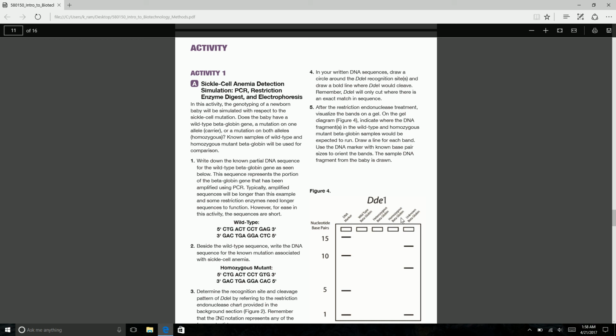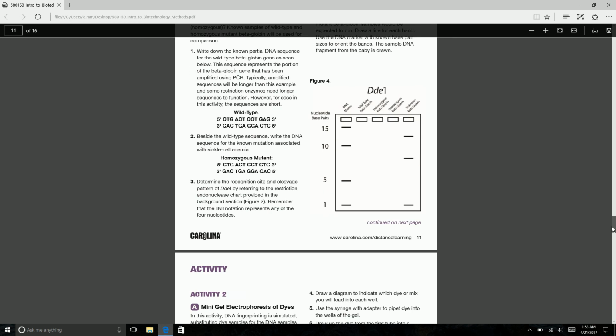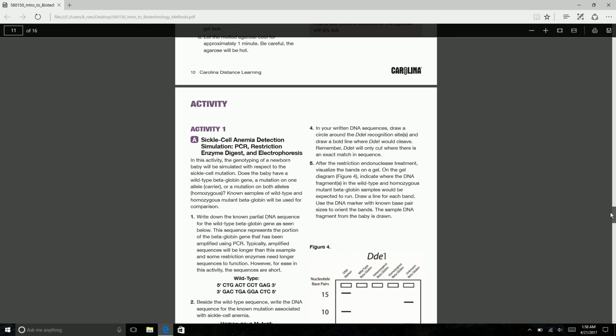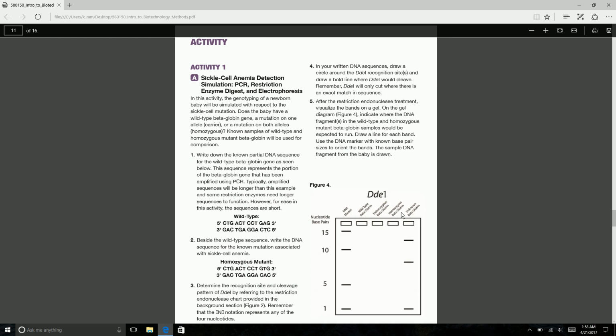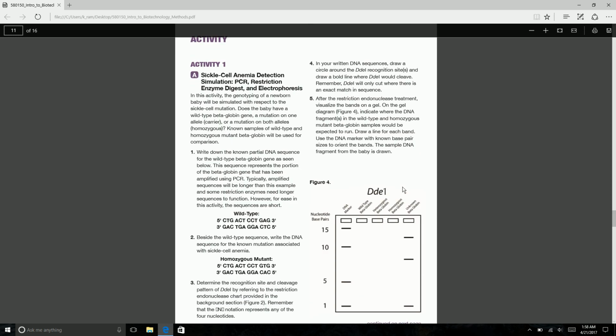So it's basically this activity I have made your lab worksheet, okay. And in that worksheet, after this activity is done, because this will be done on paper, these sequences are given to you. This is wild type hemoglobin, this is mutant, and also here you need to use this restriction enzyme, how does it cut and everything, it is provided to you already in this worksheet.